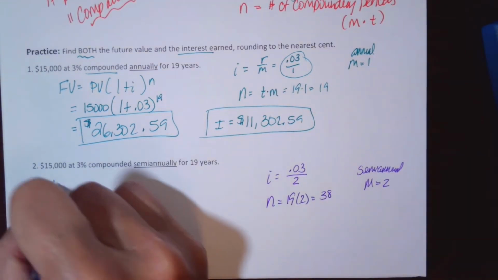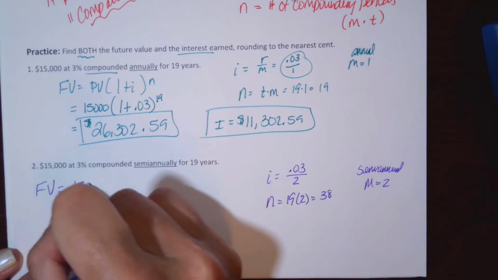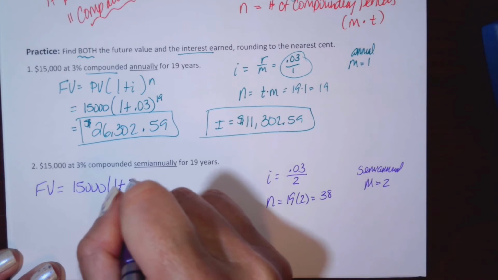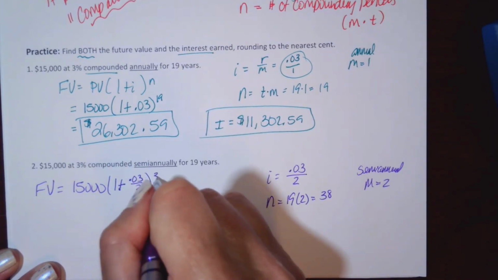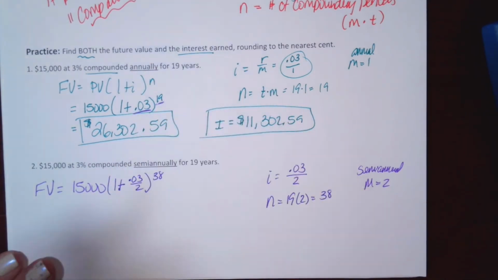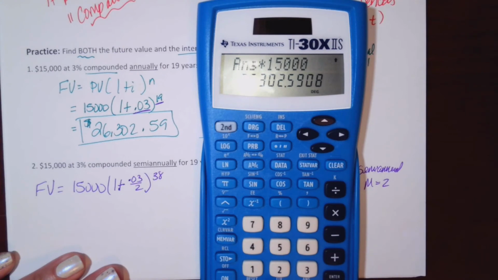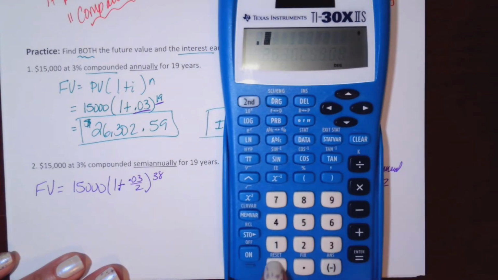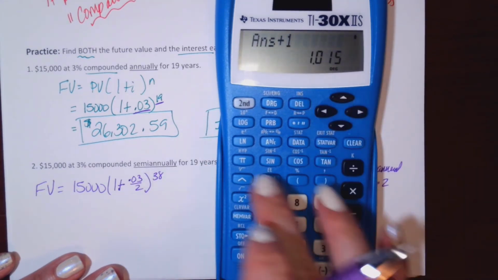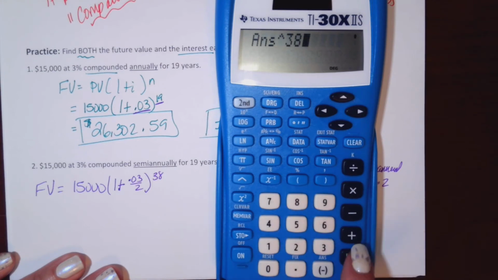So when I set up my problem, it's going to look like this. Because that compounding period changed, those two numbers changed. So inside my parentheses, I'm going to do 0.03 divided by 2 and add that to 1. That's what gets raised to my exponent, and my exponent is 38.